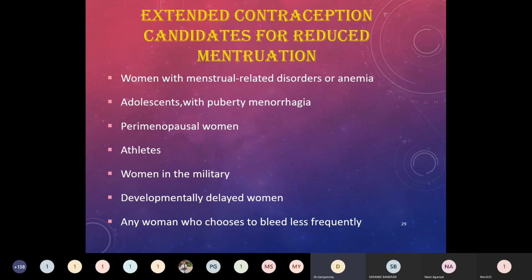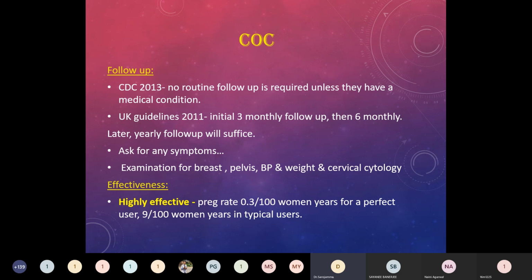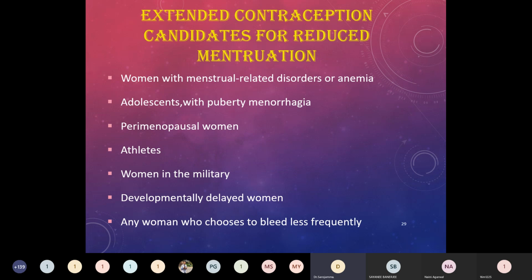And what are the indications, who are the candidates for that? Women with menstrual disorders or severe anemia, you can go for extended combined pill protection, and adolescents with puberty menorrhagia, perimenopausal women who are likely to have DUB and menorrhagia, and athletes who do not want to have periods during their games, or women who are in the military or in asylums where there are developmentally delayed children or women likely to be sexually assaulted, and any woman who wants to have a lesser number of periods for many reasons.